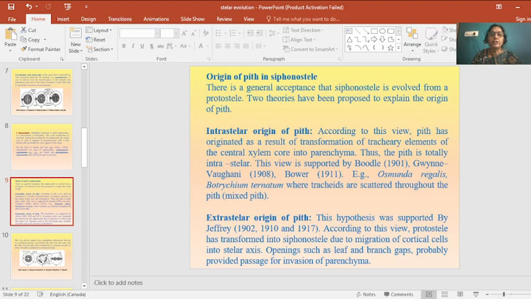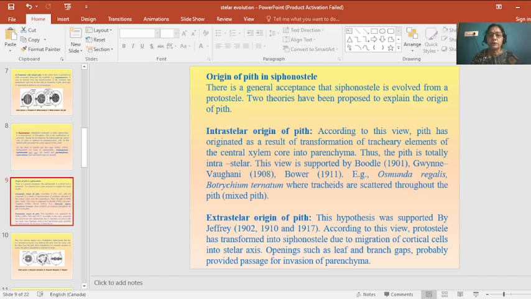According to the origin of the pith of siphonosteles, two theories were proposed. One is known as the intrastelar origin of the pith, given by Bower and Jeffrey.